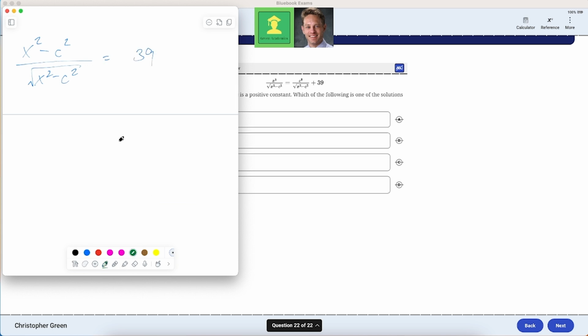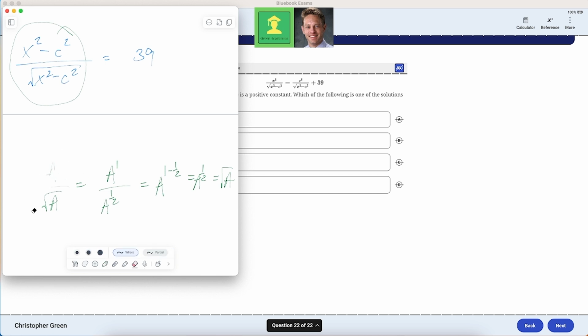Now, this thing as a unit is in the form a over root a. A over root a is a to the first over a to the half, which is itself a to the 1 minus a half, which is a to the half, which is the square root of a.